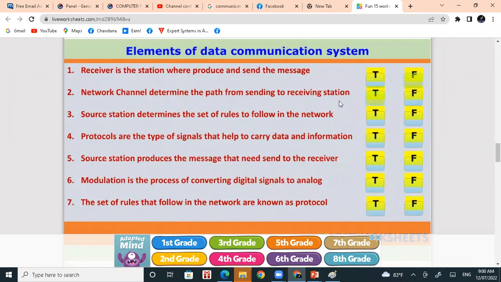The task of the network channel is to determine the path from sending to receiver. That's the job of the network channel. Then the third question, source station determines the set of rules.